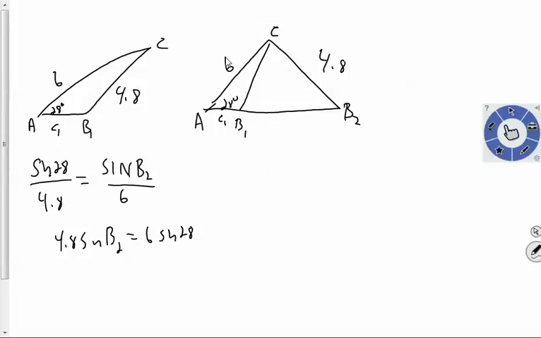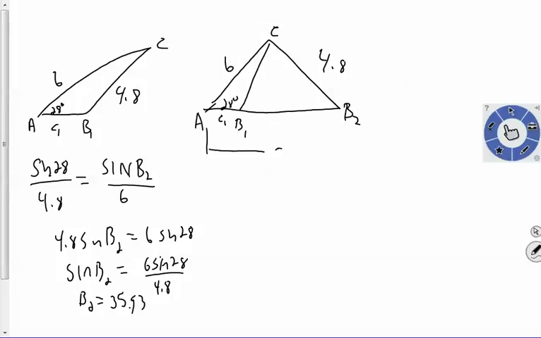So sine of B2 is equal to 6 sine 28 over 4.8. If you take the arc sine of that, B2 is approximately 35.93 degrees.